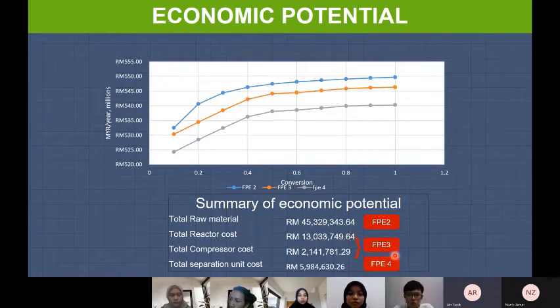The total cost of 6 reactors is around 13 million, while the cost for 4 reactors is around 2.1 million. Last is the grey line, the trend of economic potential 4, which is related to the separation unit cost, around 5.9 million.